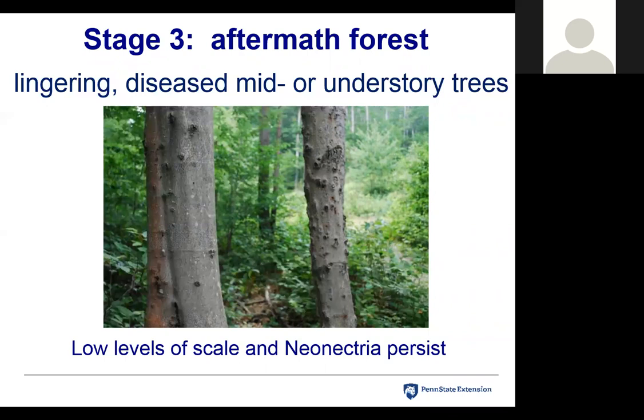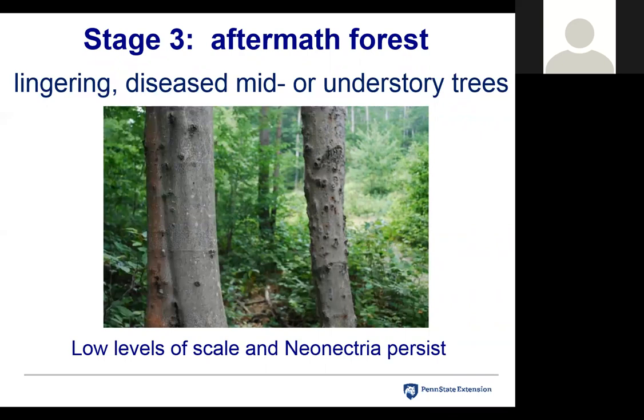I think this picture shows a good illustration: particularly during the initial decades of the aftermath forest, you'll see these lingering trees at varying levels of severity and disease. The one on the left has a couple of pock marks and obviously has the cankers from the neonectria, but it's not terrible. The one on the right is obviously much further along.